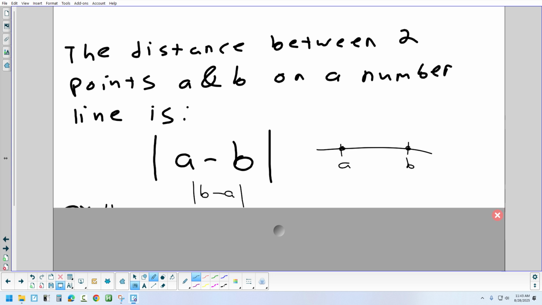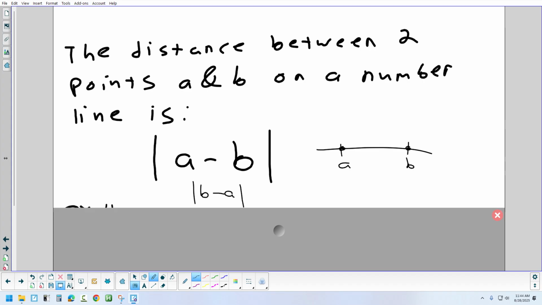Yeah? Commutative is not the same with subtraction because it would be the inverse or negative version of a positive. If the answer is positive, it would be negative. If it's negative, it would be positive instead. But absolute value is positive either way. Right, the absolute value is going to cancel out any negative sign. So yes, when you subtract something in the opposite order, you get the opposite, but absolute value negates that.